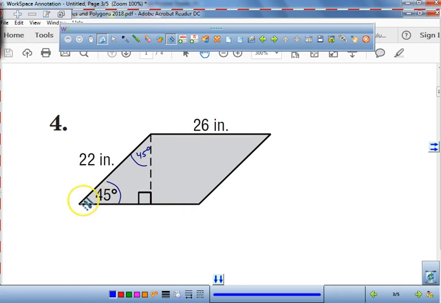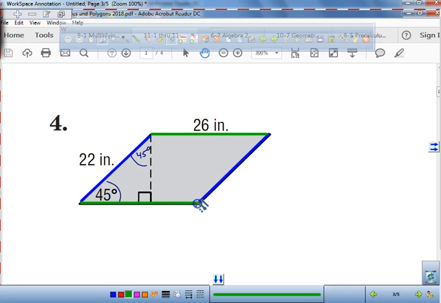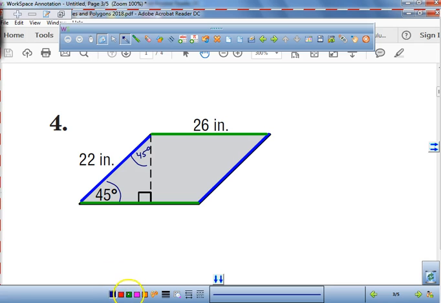This side has to be the same as that side. So we know that's 26 inches, and we also know that this is 22 inches.